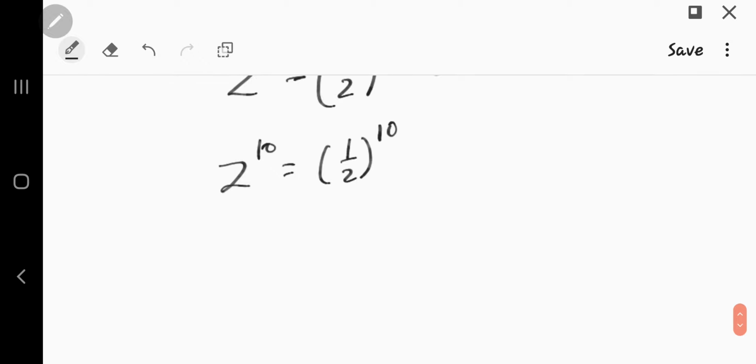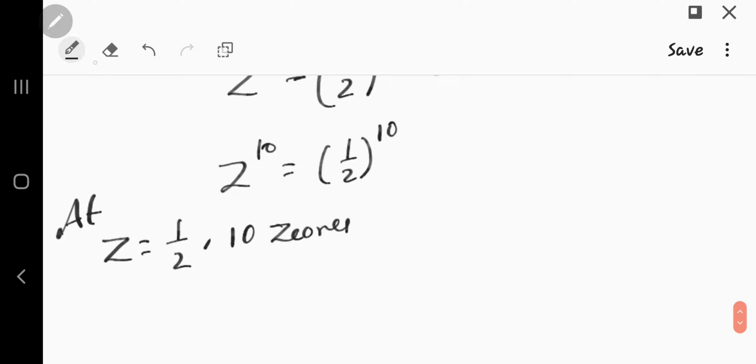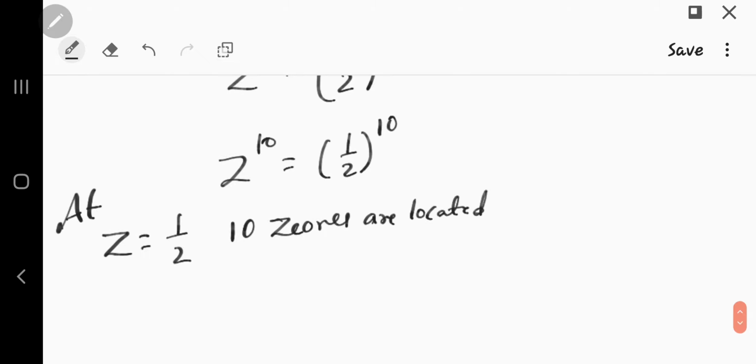At this location, z is equal to 1 by 2, we have 10 zeros. And this 1 by 2 will be in circular nature, it will be throughout the axis.